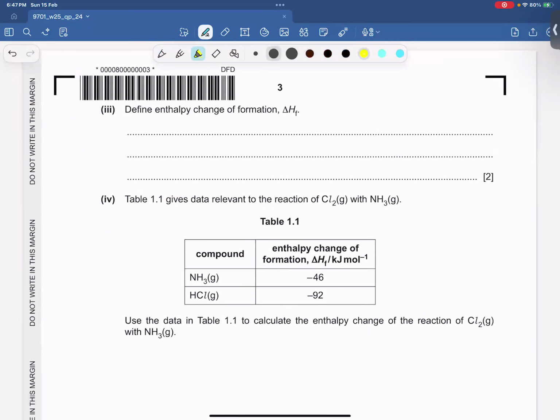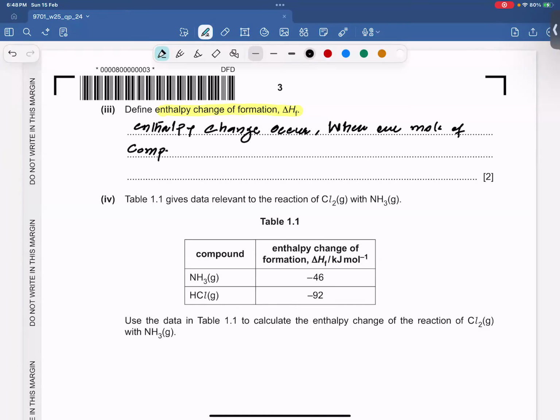Okay, define enthalpy change of formation. Enthalpy change occurs when 1 mole of compound is decomposed.